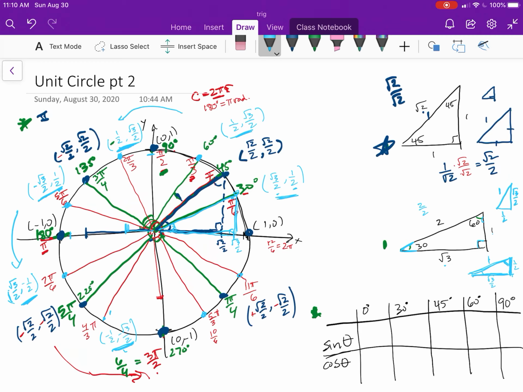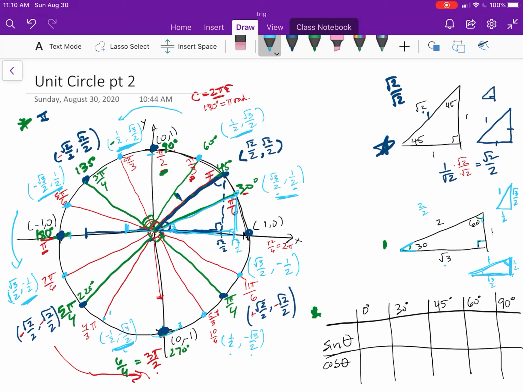Look at this point, it reflects over the y-axis, which means this is a positive 1/2, negative root 3 over 2. And then flip these two, so we get a square root of 3 over 2 positive, because we're in quadrant 4, right? To the right square root of 3 over 2, down 1/2. All right, that's one trick, just remembering the special triangles and how they fit in here.